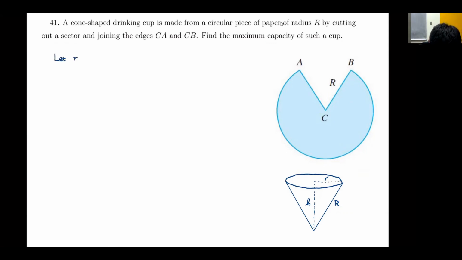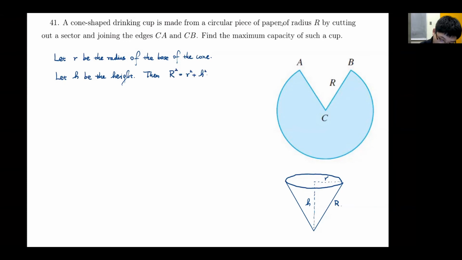So let lower r be the radius of the base of the cone. Let h be the height. So then from the geometry, we see that capital R squared equals lower r squared plus lower h squared. So this simply follows from the Pythagorean theorem applied to this right triangle.